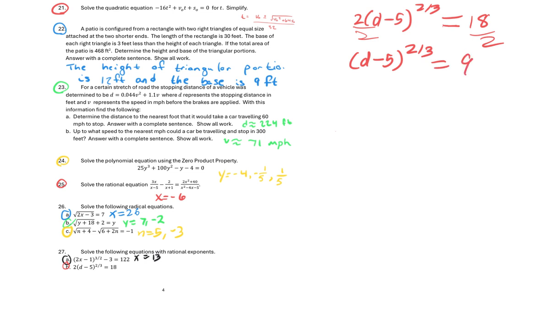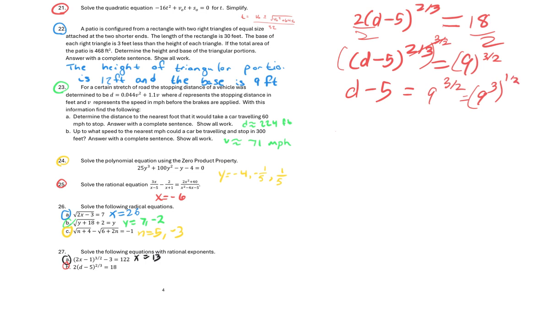So just like we did in the last one, we want to take it to the inverse of what we just have. So take it to the power of 3 halves this time. So that's going to get rid of that. So we're going to have d minus 5 on our left-hand side and 9 to the 3 halves on our right, which we could also write as 9 to the power of 3 to the power of 1/2.